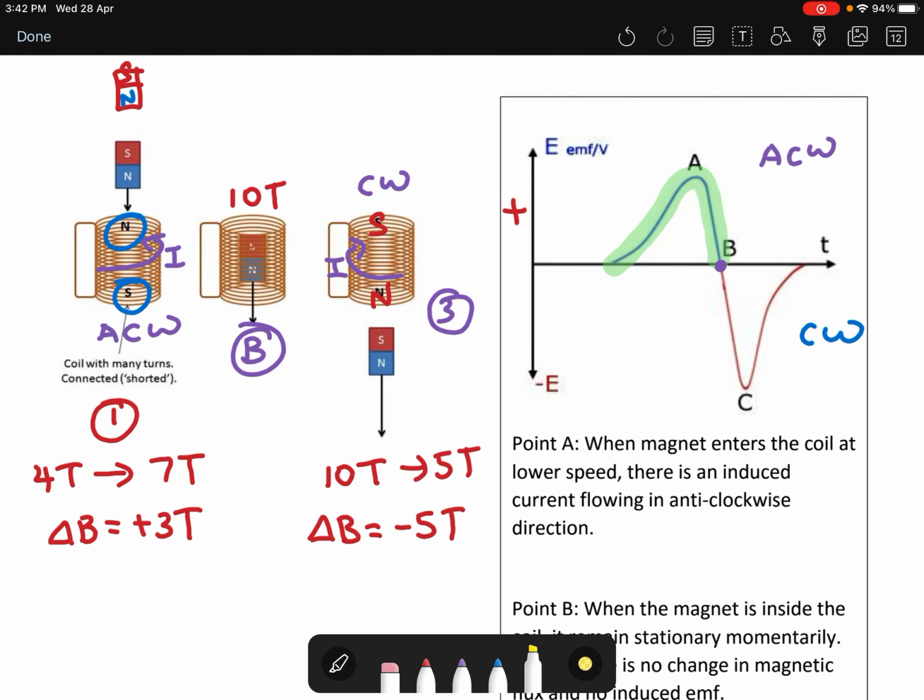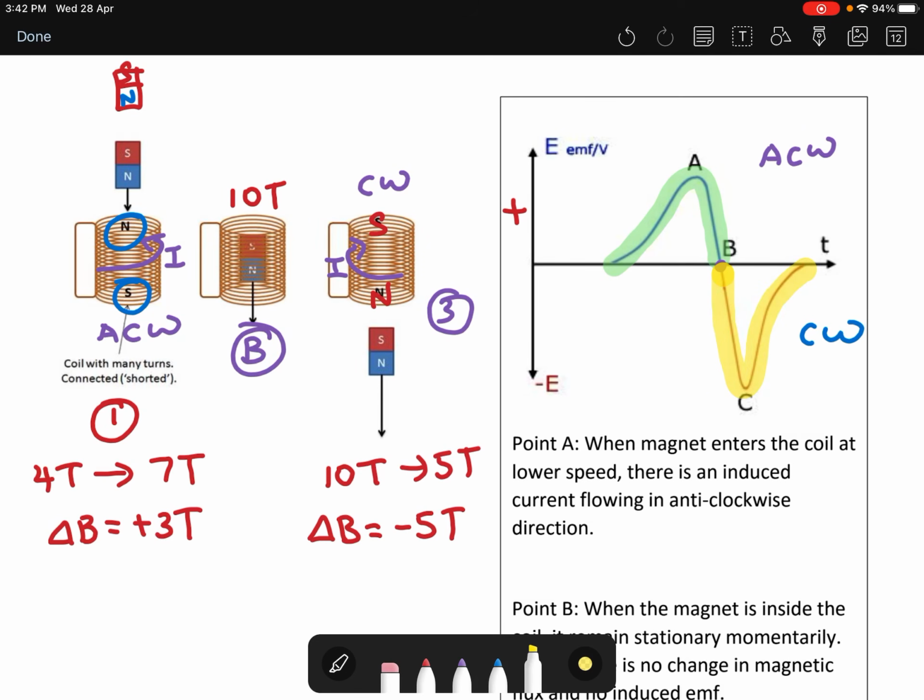Notice that besides the direction changes, how do they indicate the direction changes? By putting your curve on the top and at the bottom. So when the magnet comes out, it will go in this direction.